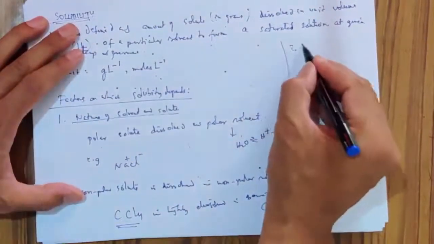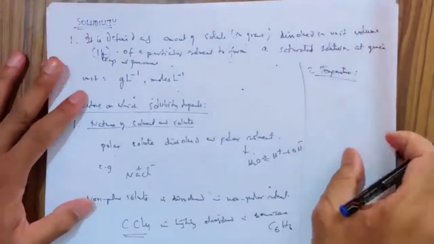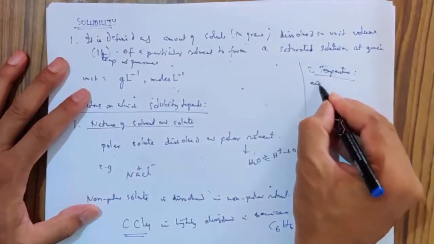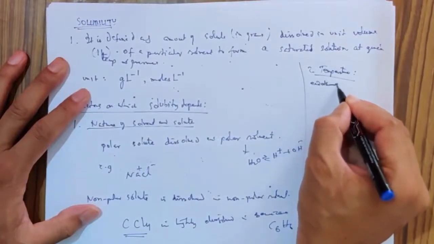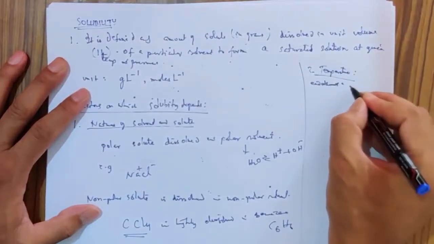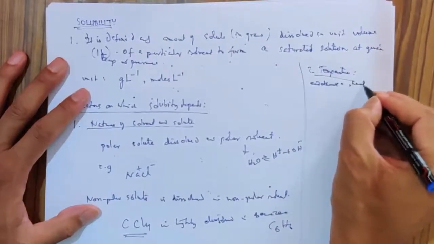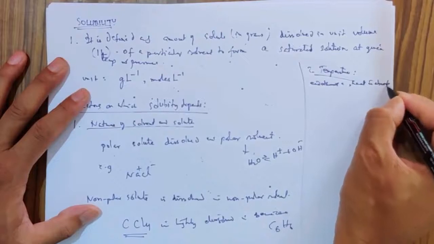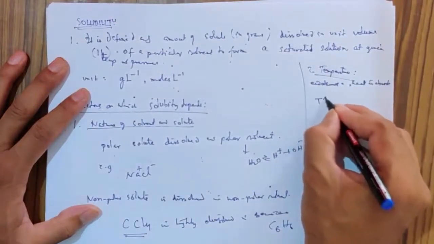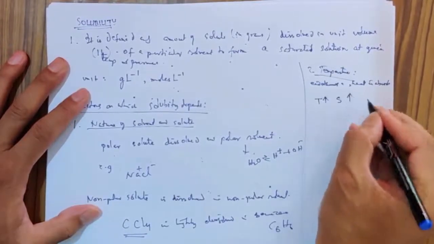Point number 2, temperature. For endothermic reactions, heat is absorbed to start the reaction. So for endothermic reactions, if you increase the temperature, solubility also increases.